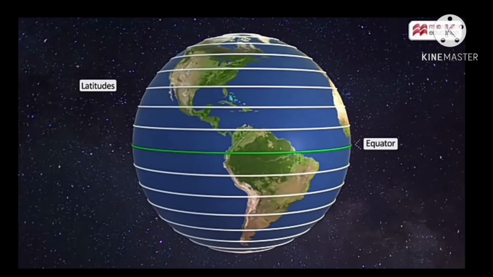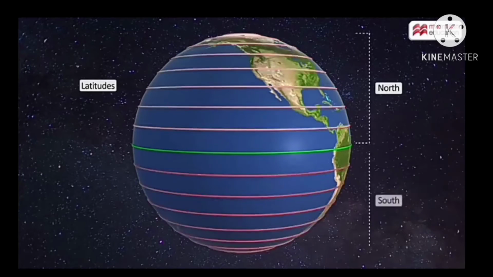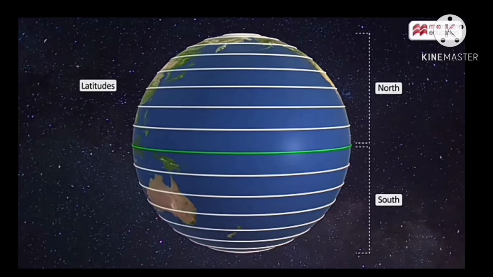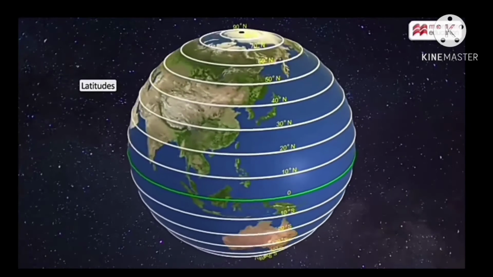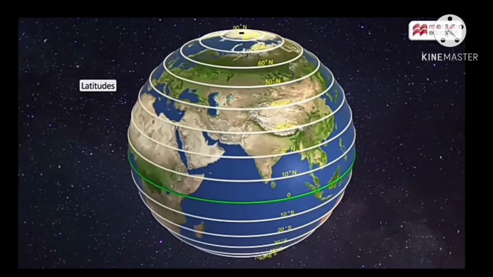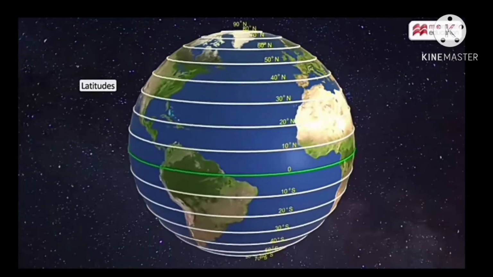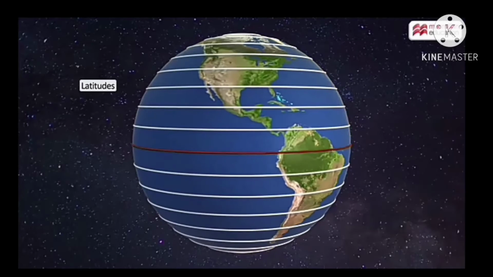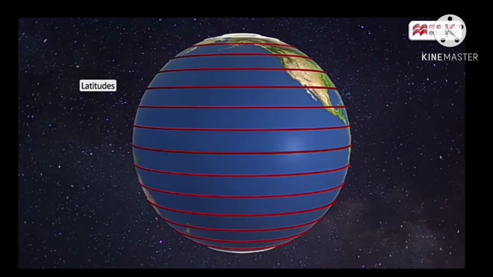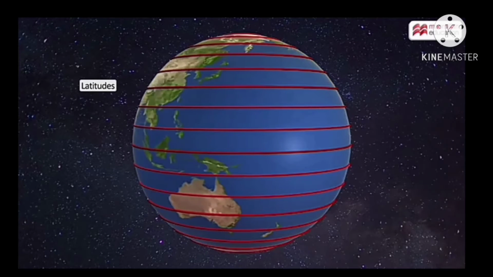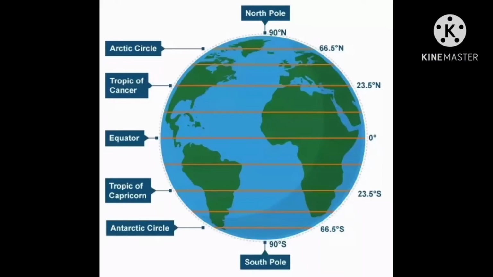The green color line is there, no? That is the equator. The latitudes are drawn from the equator towards north as well as towards south. As the shape of the earth is round, the latitude's size decreases towards the poles. Latitudes are also called the parallels drawn on the globe which run from east to west.